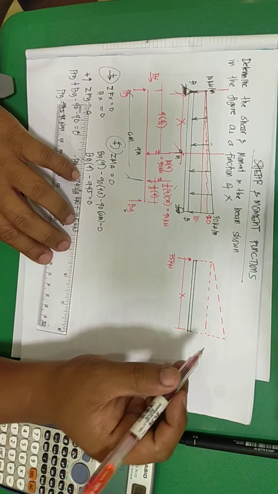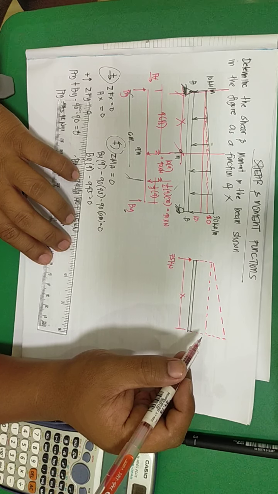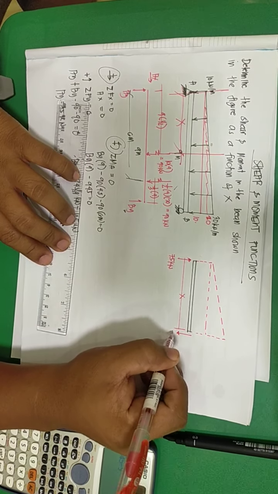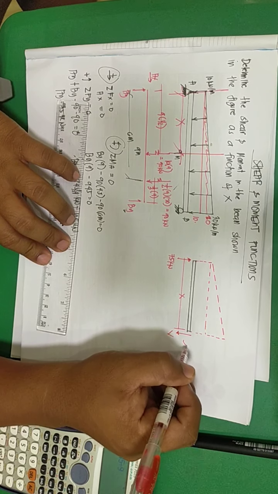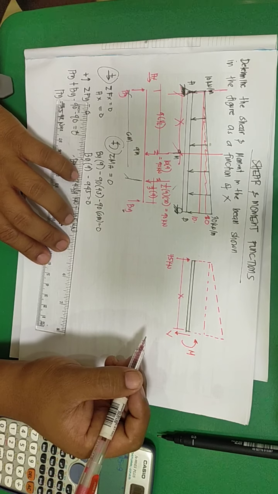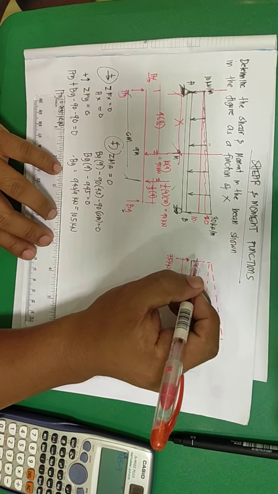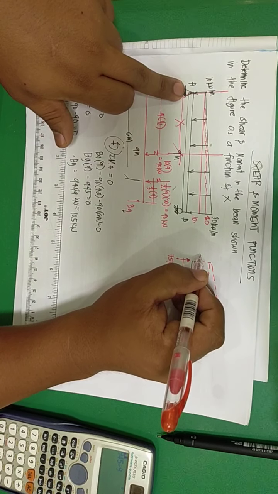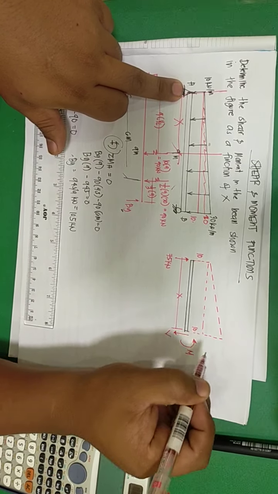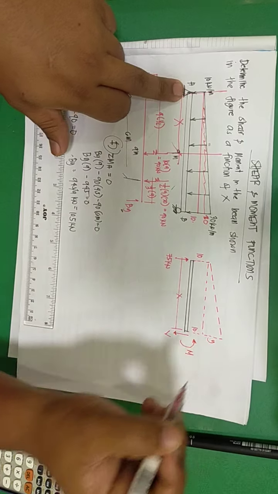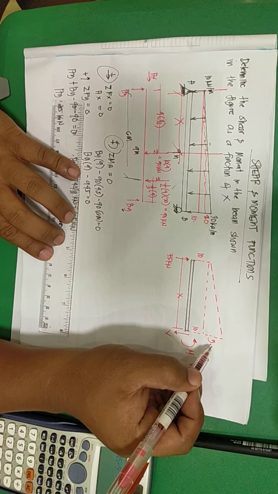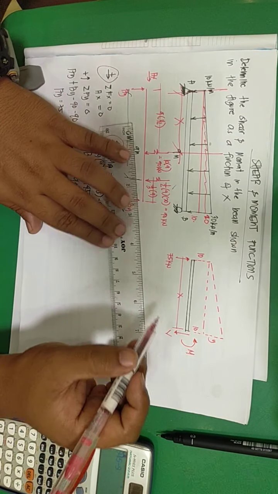We can assume that you have your shear V and moment M. This is 10, this is also 10, and let's say this is y.